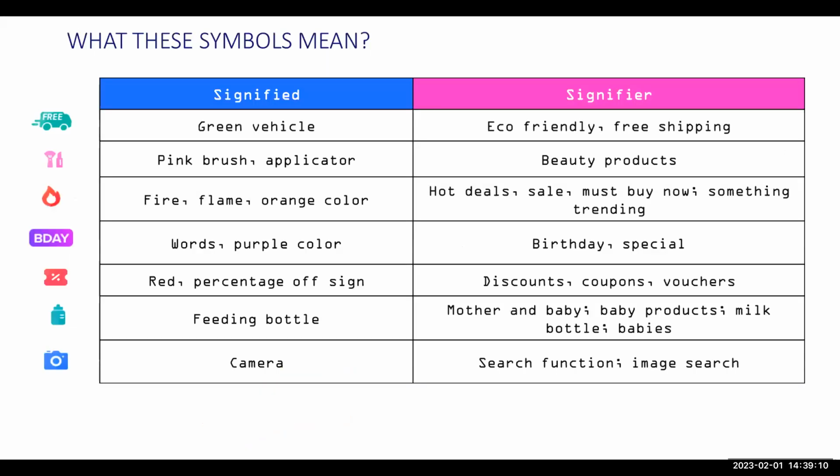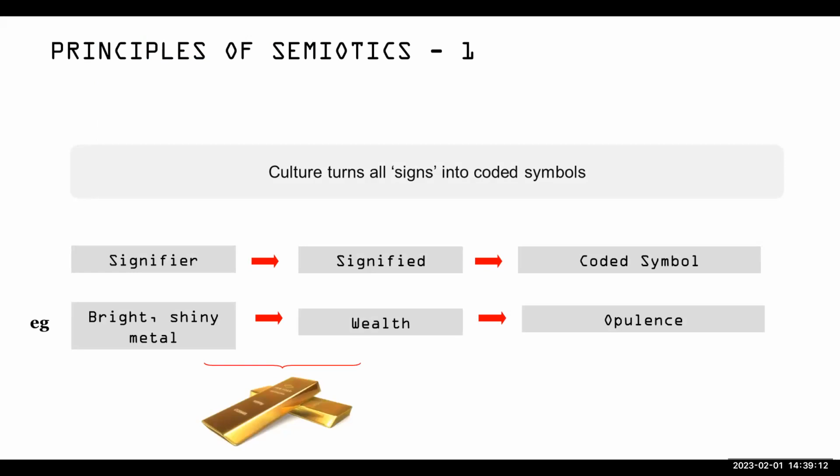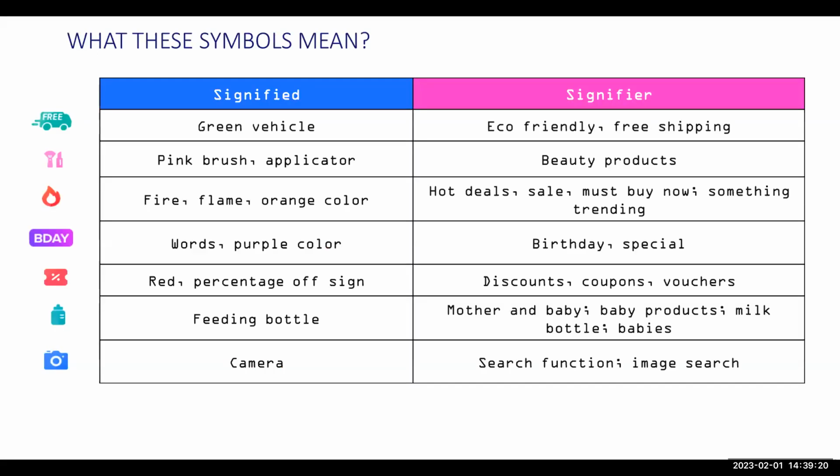So we saw this example: bright, shiny, wealth, opulence, right? While these are all generic examples, I thought we'd look at some of the symbols that we used on our app and what they imply.